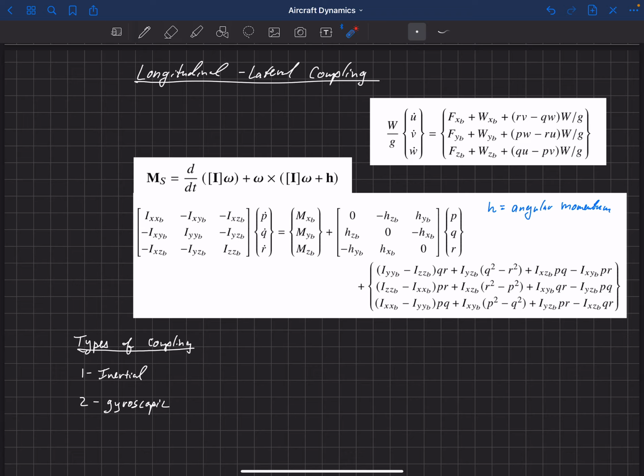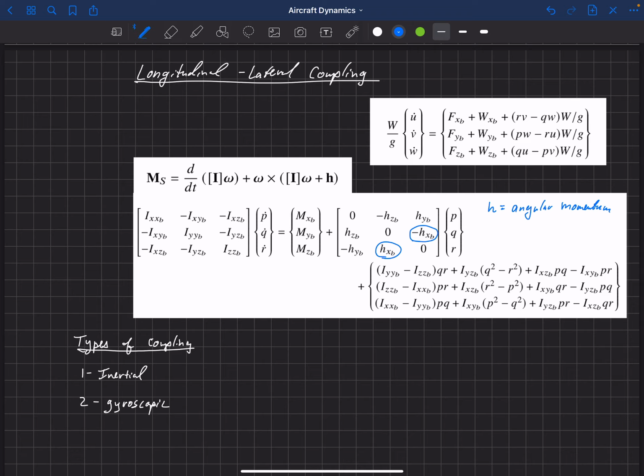So let's start with a propeller. Let's say that we've got an aircraft with a propeller, and I'll just circle these here. So that means that we have a lot of angular momentum about the x-axis. Usually those propellers are very closely aligned with the x-axis.